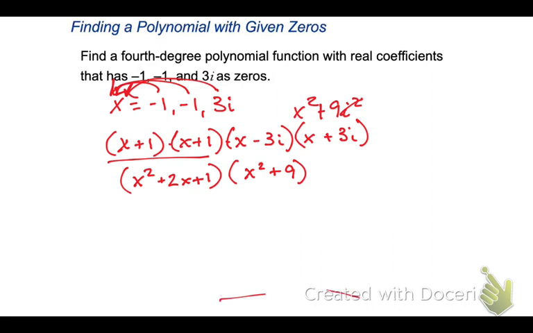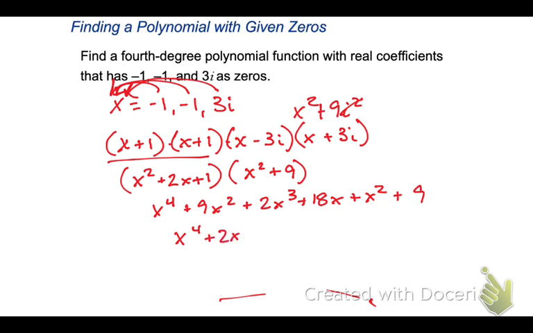And then I have to do what with these two things? Multiply them. So x to the fourth plus 9x squared plus 2x cubed plus 18x plus x squared plus 9. So x to the fourth plus 2x cubed plus 10x squared plus 18x plus 9.